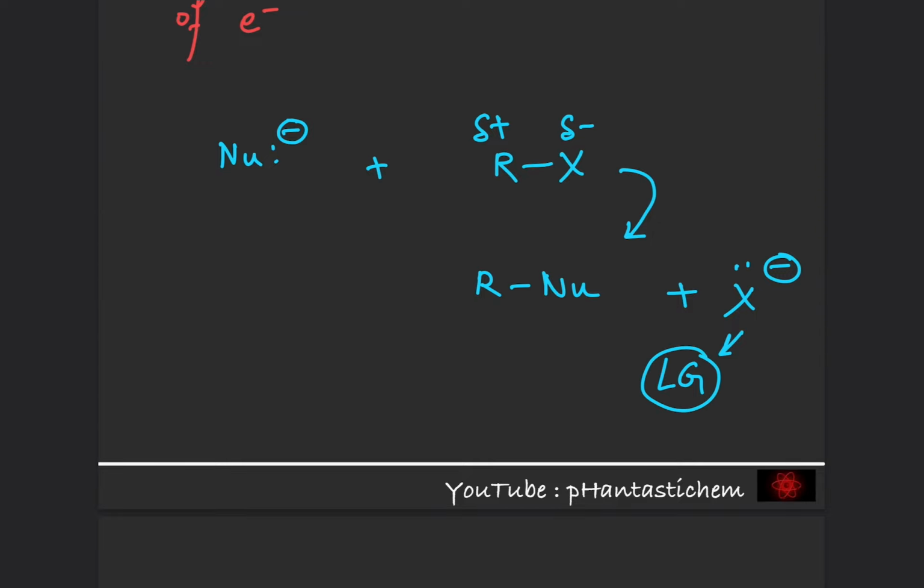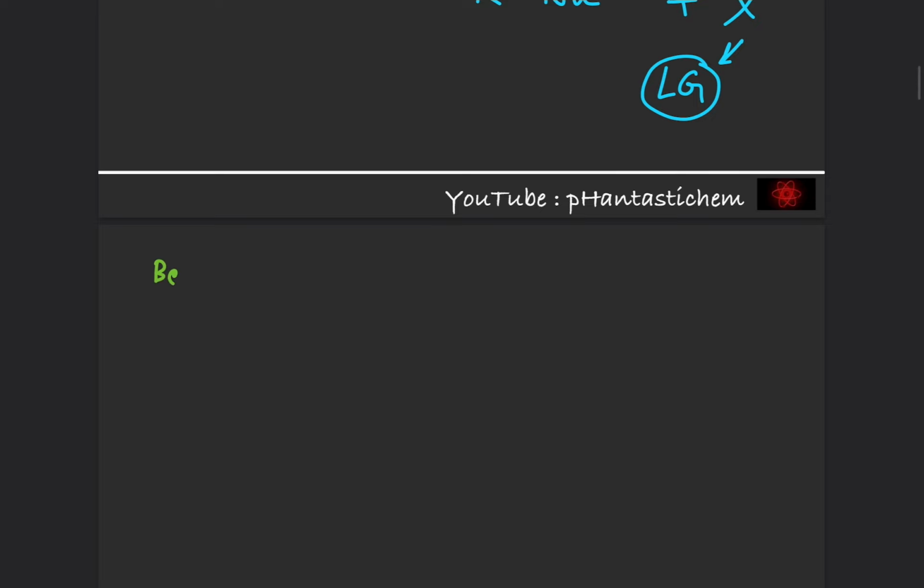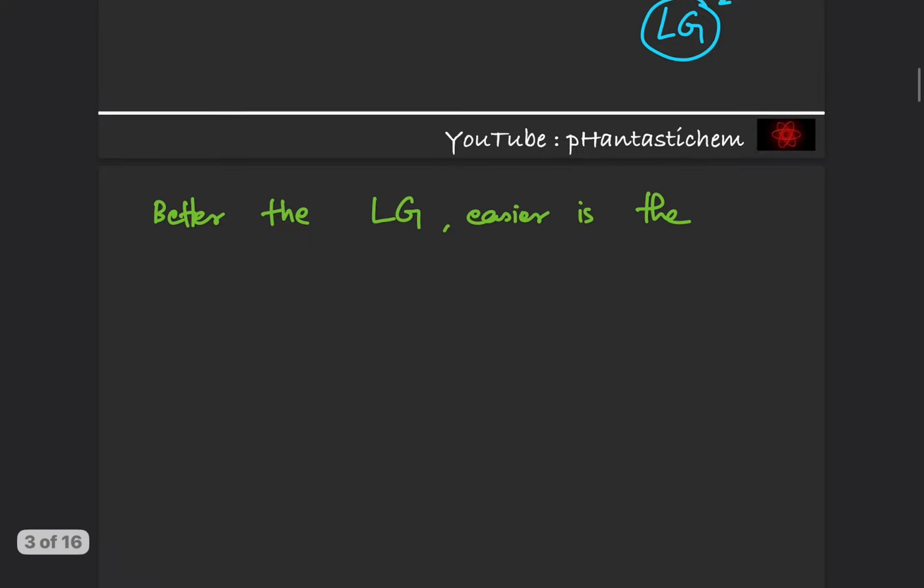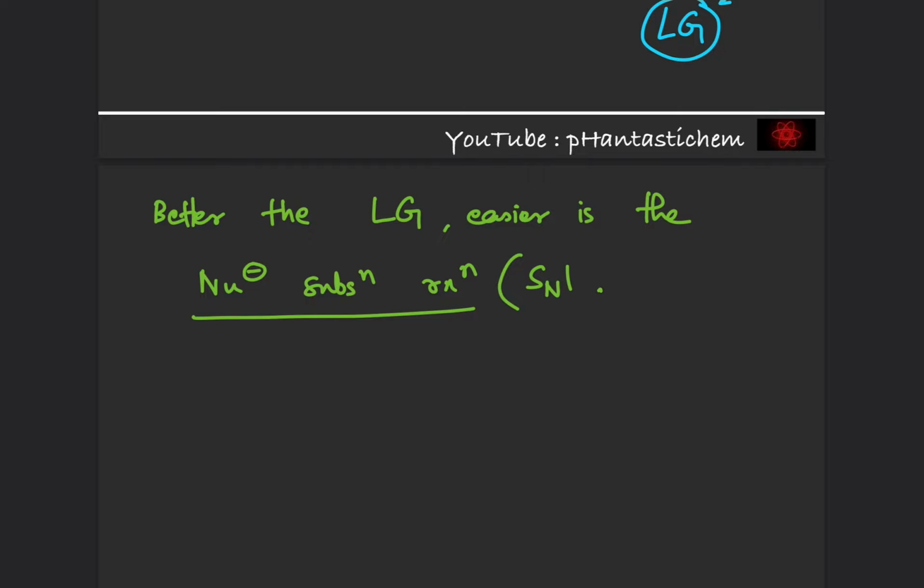Okay. Now, the better the leaving group, the easier is the nucleophilic substitution reaction. Very important statement. Okay. Better the leaving group, easier is the nucleophilic substitution reaction, and it is true for both SN1 as well as SN2.